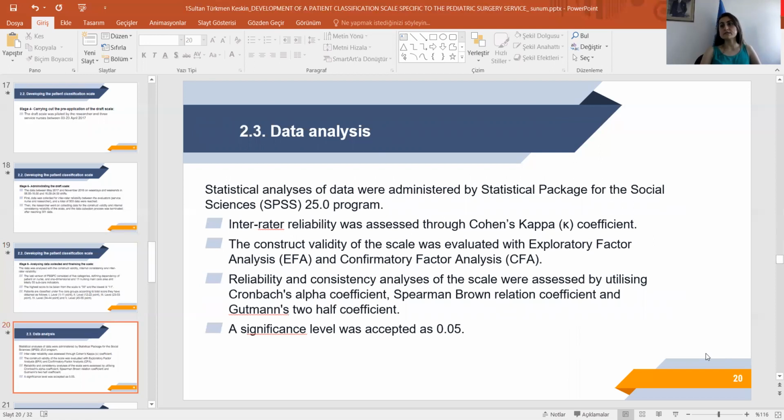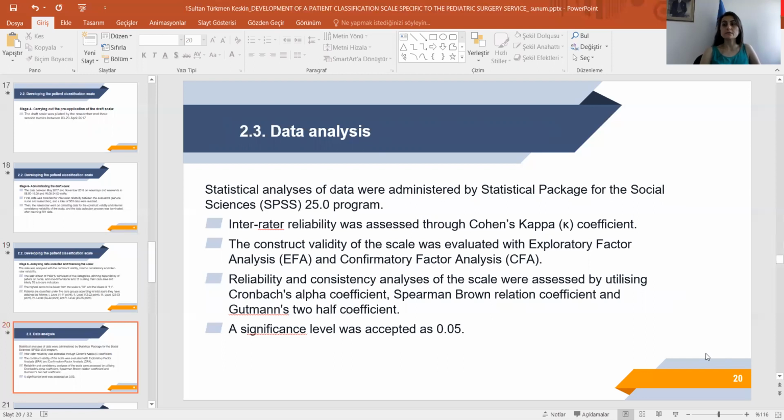Statistical analysis of data was performed with the Statistical Package for the Social Sciences, version 25. Inter-rater reliability was assessed through Cohen's Kappa coefficients. The construct validity of the scale was evaluated with exploratory factor analysis and confirmatory factor analysis.